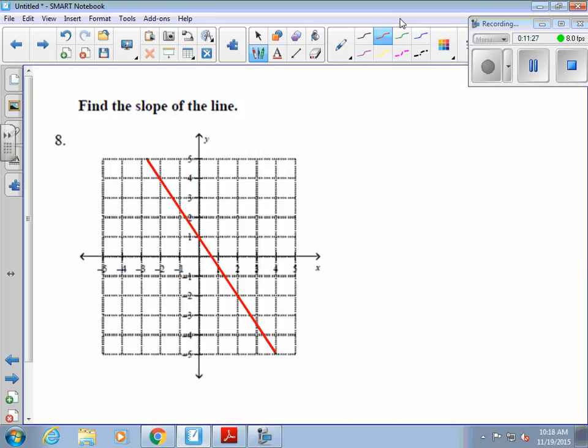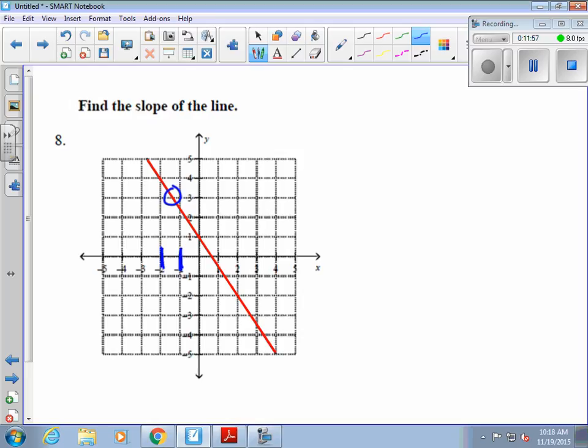Number 8 and 9 ask you to find the slope of these lines based on the picture. What you need to do is find 2 good intersections. You don't want to use this point right there, because you can clearly see that its y value is 3, but its x value is in between these two x values.